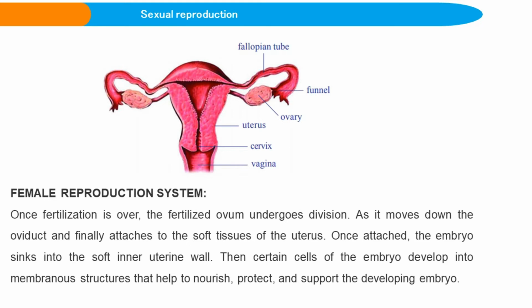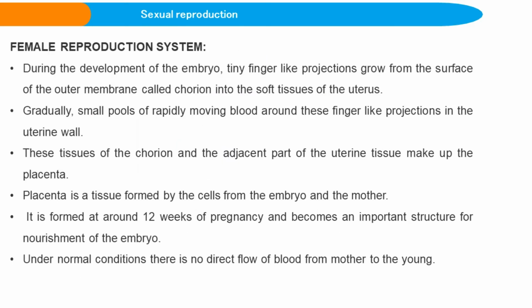During the development of the embryo, tiny finger-like projections grow from the surface of the outer membrane called chorion into the soft tissues of the uterus. So first, one layer, the chorion layer, is formed towards the soft tissues of the uterus. Then small pools of rapidly moving blood around these finger-like projections in the uterine wall also gradually form.